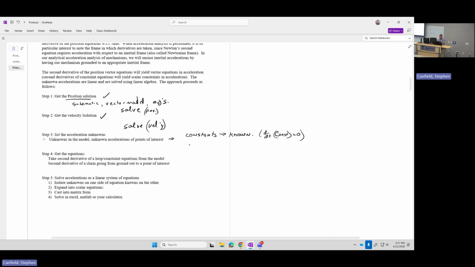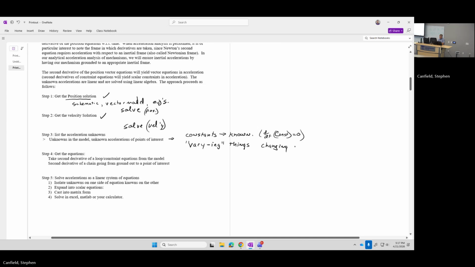So really we're looking at things that vary in time. I'm going to make a new word, varying things. That could either be changing angle or changing length. So I'm going to list all the things that have changing angles and changing lengths. I'll write them down.